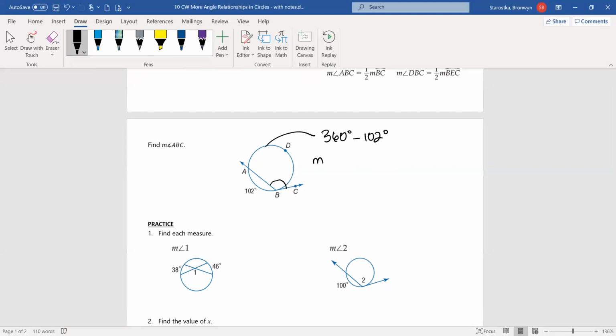So the measure of ADC is 258 degrees, which means the measure of angle ABC must be half that.